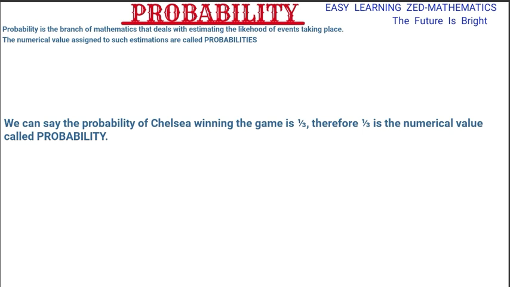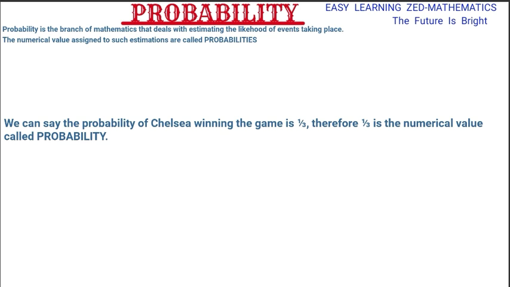We can say the probability of Chelsea winning the game is 1/3. Therefore 1 over 3 is the numerical value called probability, since it is 1. So we are looking at one probability of the Chelsea game, that is 1 over 3 of Chelsea winning. That numerical figure, 1 over 3, is called probability because it's 1.